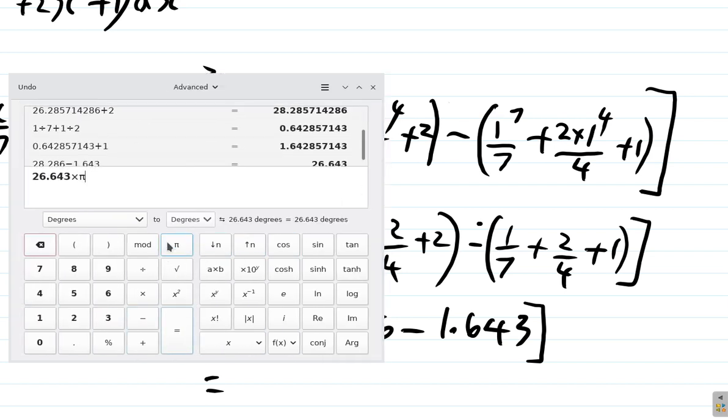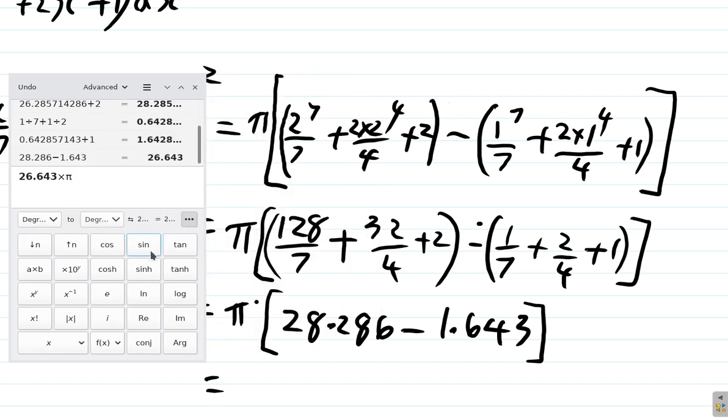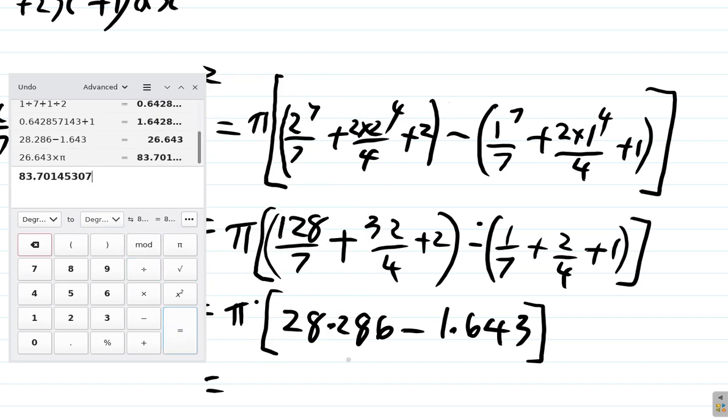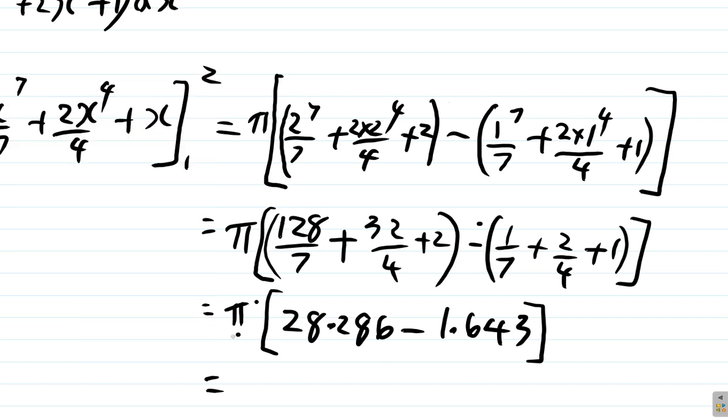Oh, times pi. Right. Times pi. Equals 83.7. So what we have is 83.7 units cubed, right? Because it's a volume. So the volume is 83.7 cubic units.